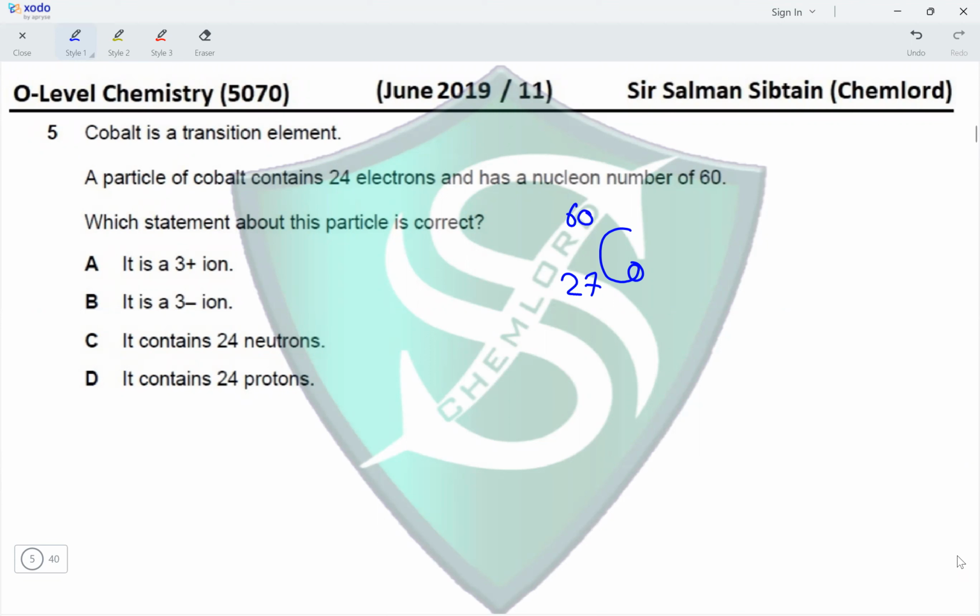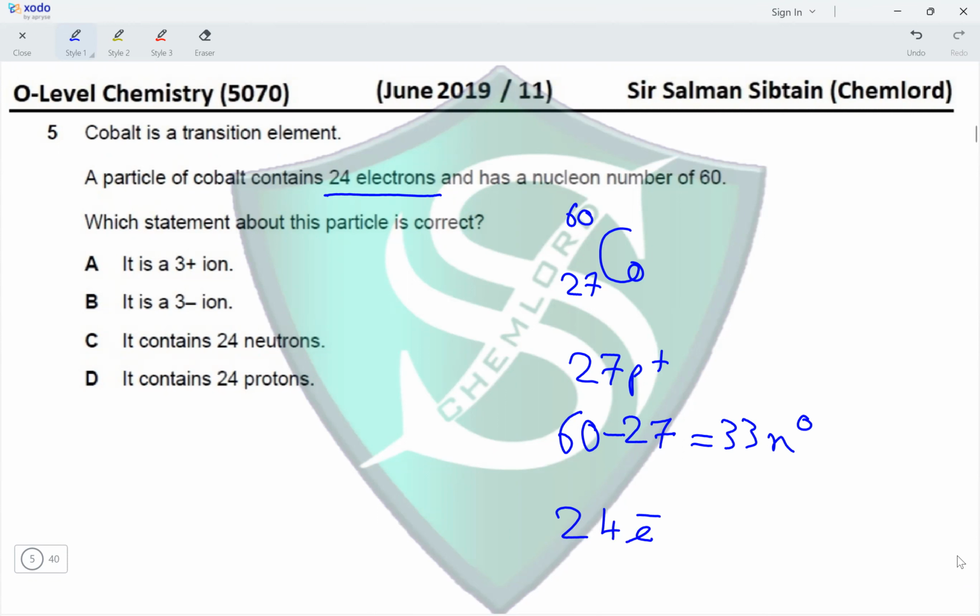So this particular particle has 27 protons, 60 minus 27, 33 neutrons, and it says it has 24 electrons. Now the difference between 27 as the proton number and 24 as the number of electrons is 3. Therefore, this particular ion has a charge of positive 3.